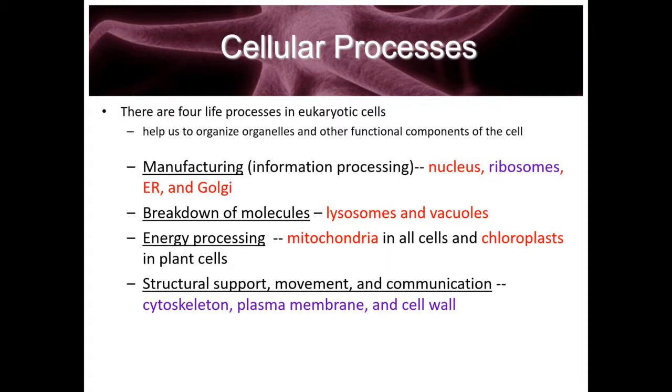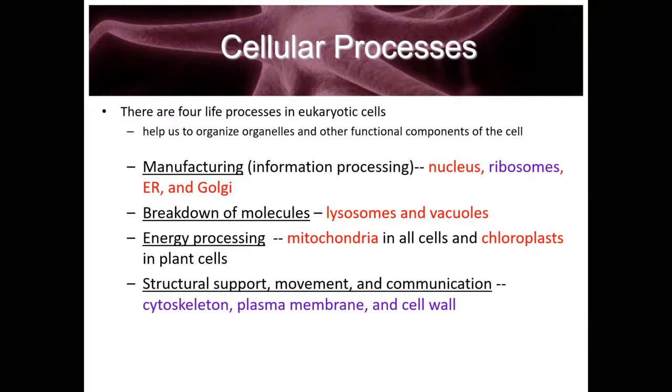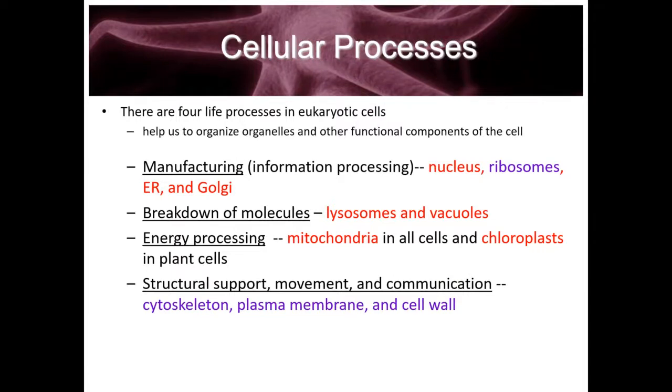Okay, the next category of process is breakdown of molecules. So what's the process we use to break down molecules? Hydrolysis, great. And that's done in two different organelles, the lysosomes and then the vacuoles, so we'll talk about those. Then we're going to talk specifically about the process of energy processing.